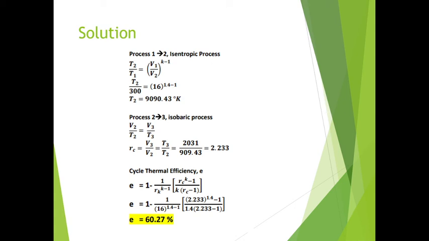So we just input our given values, which is the compression ratio is 16, the constant is 1.4, and then we have solved for the cutoff ratio, which is 2.233 raised to 1.4, the constant, and then we can solve for the efficiency, which is 60.27%. So that's it. Thank you for watching.